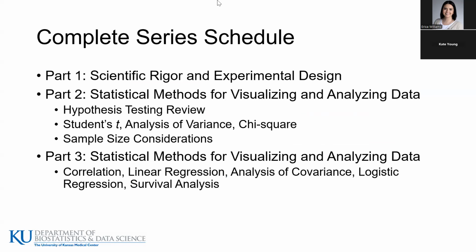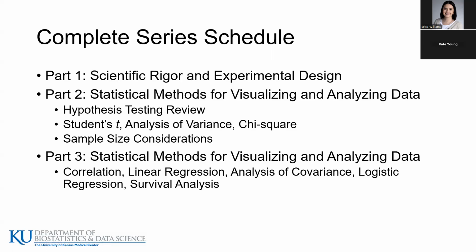To give an overview of what this course is going to look like, part 1, I'm going to give a brief introduction to scientific rigor, and then we're going to go into experimental design. And then part 2, we're going to look at statistical methods for visualizing and analyzing data.